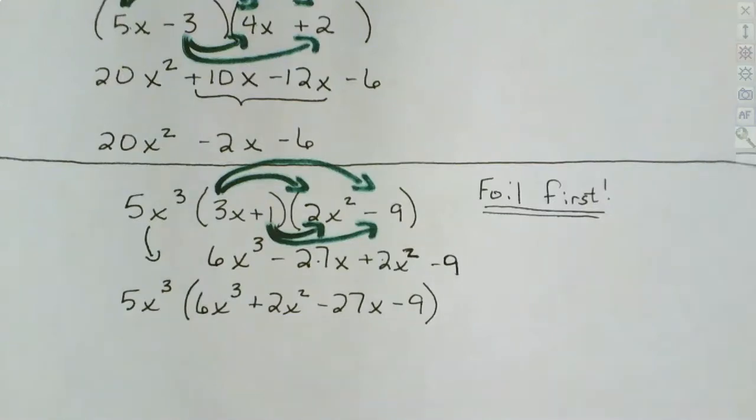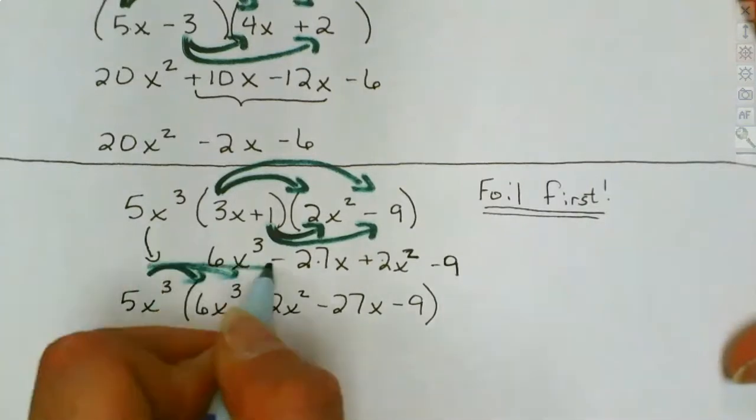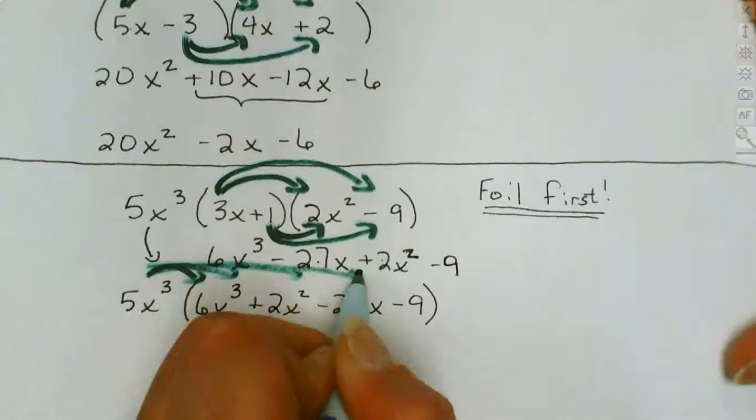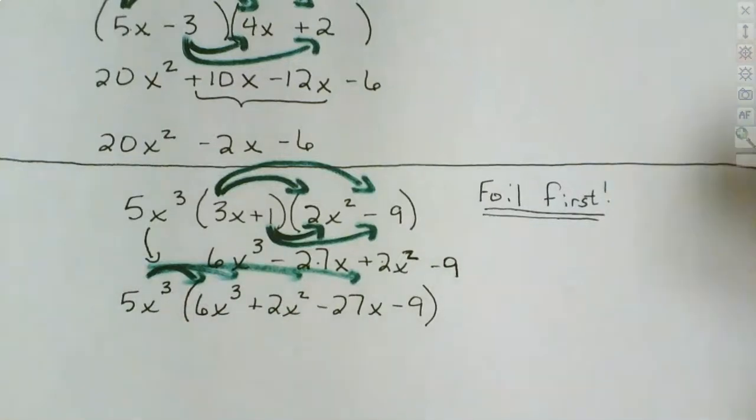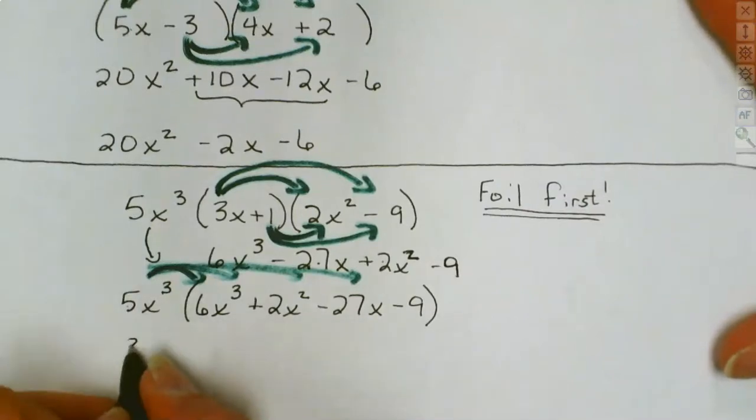Now we still have one step left to do. And what do we do now? We just simply distribute that 5 through. 5 times 6 is a 30.